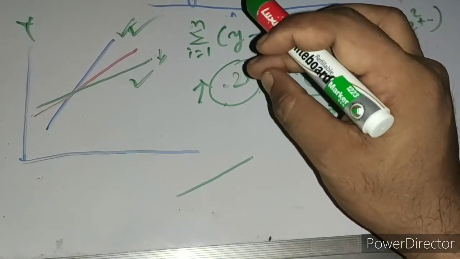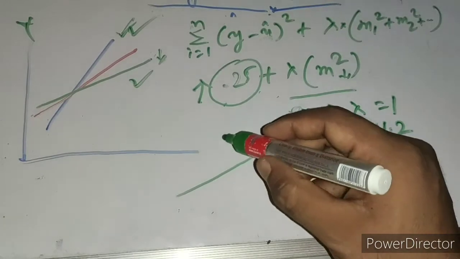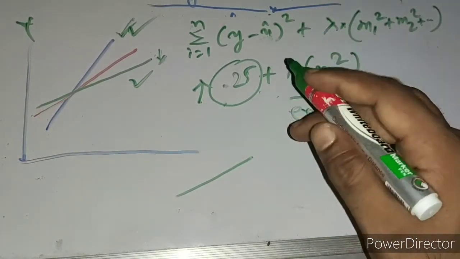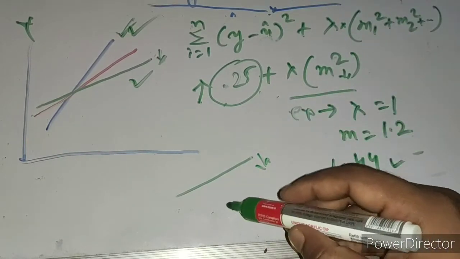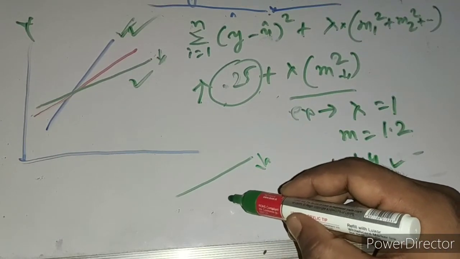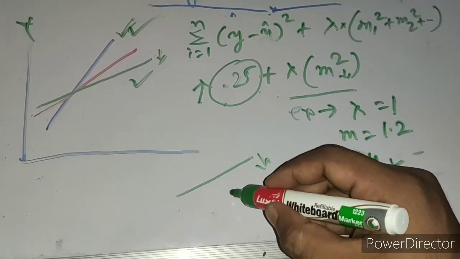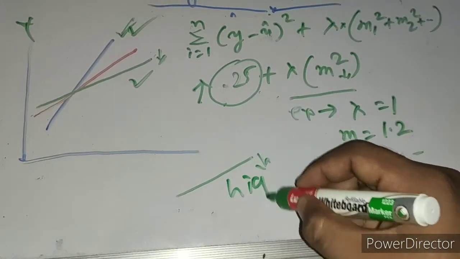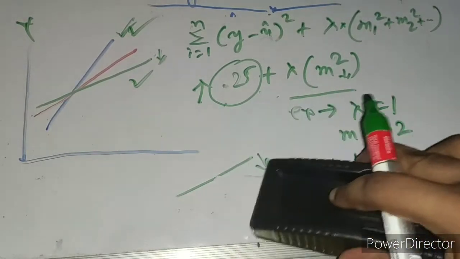Some error will appear. It is not high bias, it is still low bias. But in the test dataset variance has been reduced. Earlier in the test dataset we were having high variance, but now it doesn't show high variance.